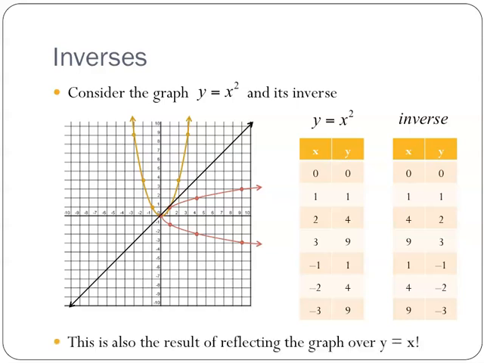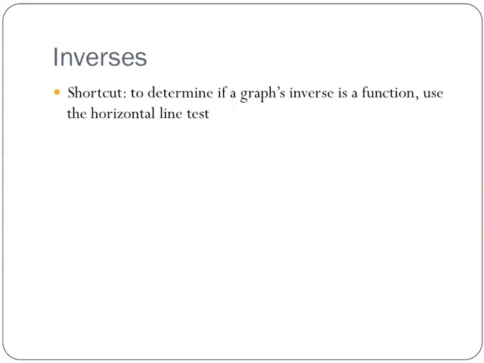Okay, so you can graphically just say that this is the result of reflecting the graph over the line y equals x. A couple things to make note of inverses. First, a quick shortcut way to determine if a graph's inverse is going to be a function, you can use the horizontal line test.